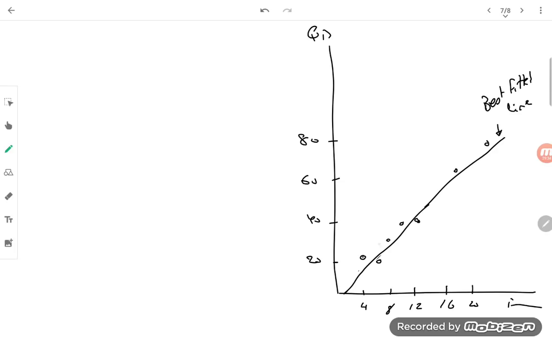So the dots represent the actual values and the line is the estimated one. The difference between the actual value and the estimated one is the error.